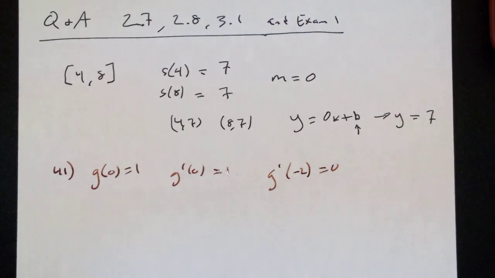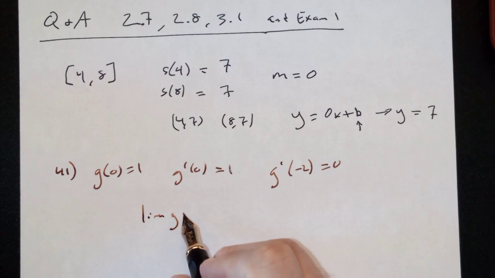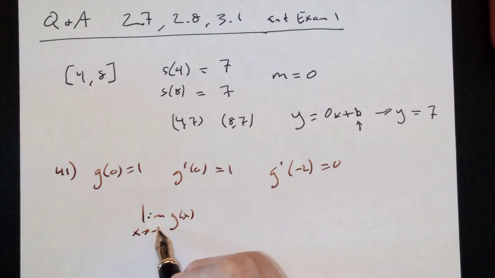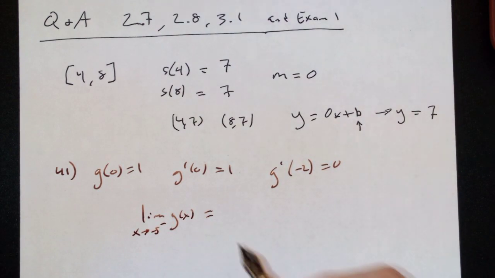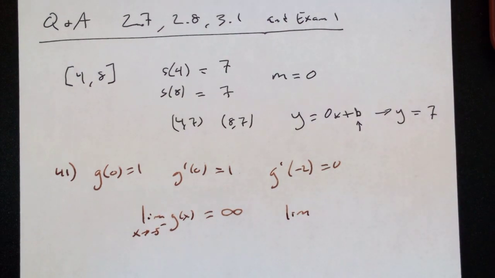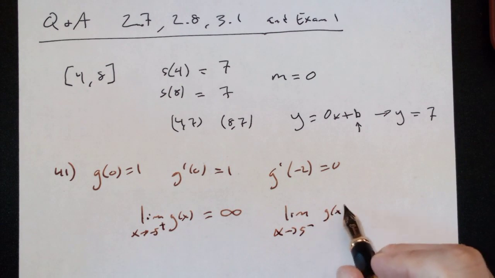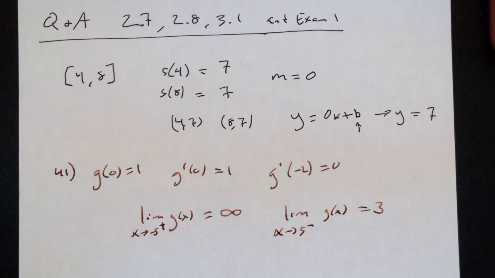The limit as x goes to -5 from the left is positive infinity. And the limit as we go to +5, I'm sorry, I think I wrote the wrong sign there. Limit as x goes to -5 from the right, limit as x goes to 5 from the left is 3, right? And we're only worried about this curve between -5 and 5.